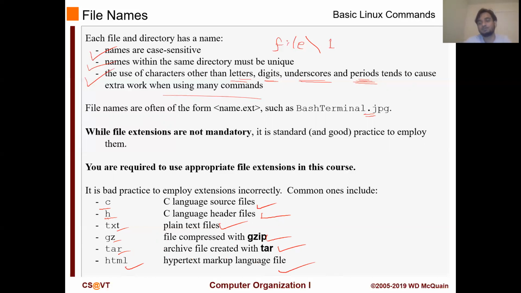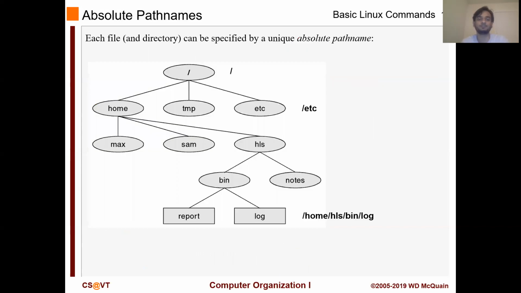So these are some of the common ones. You will see many different ones later on, but usually in the assignments, you'll probably have to submit C source code or TXT files. So make sure you specify the extension when you are about to submit the assignment, okay?